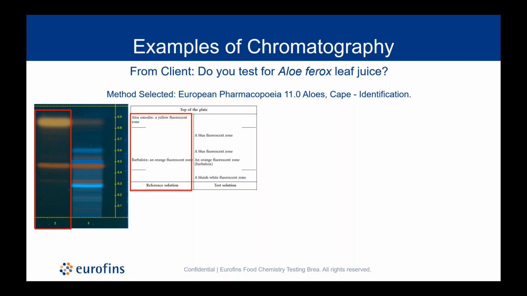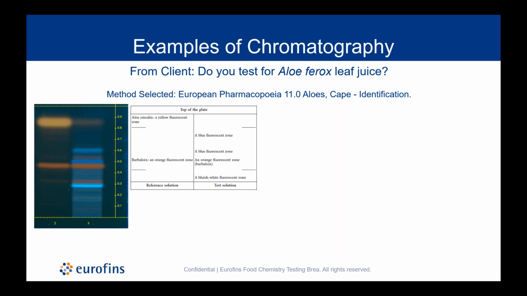And in the middle portion of the chromatogram, we'll see an orange fluorescent zone for barbaloin. And we can see in our reference solution on the plate image that it does correspond to those same general areas, colors, and the placement of the bands. So that's serving to show that our reference solution is behaving as expected on the plate.